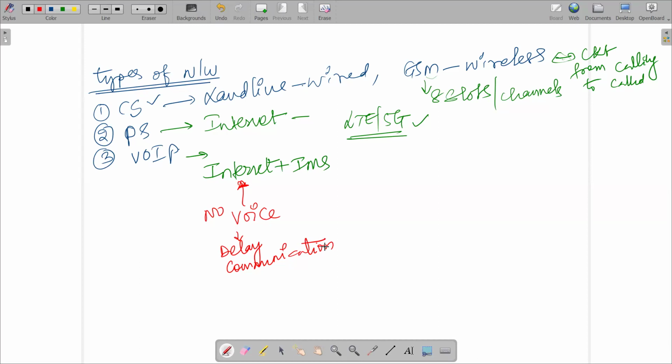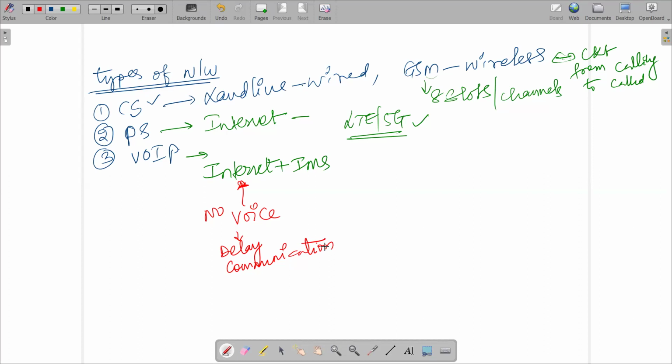But we have seen an example when it comes to packet communication or internet kind of communication. Packet takes different routes to reach the receiver. So if one particular packet has taken a longer route, its reachability depends on the number of routers and gateways in that particular path.